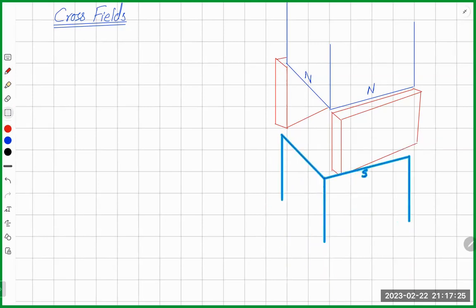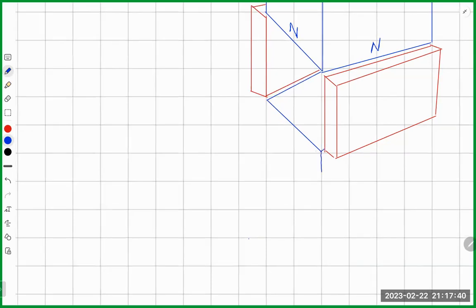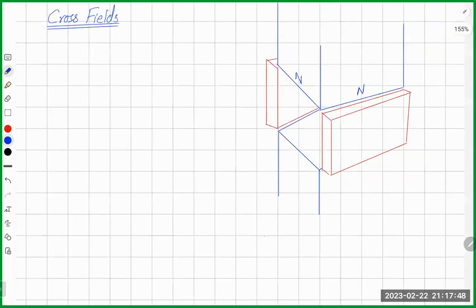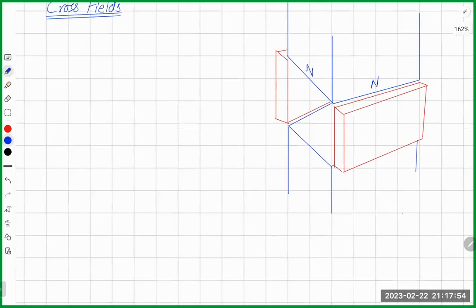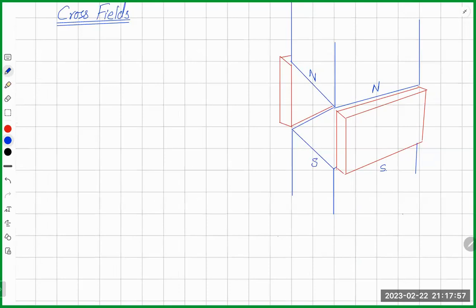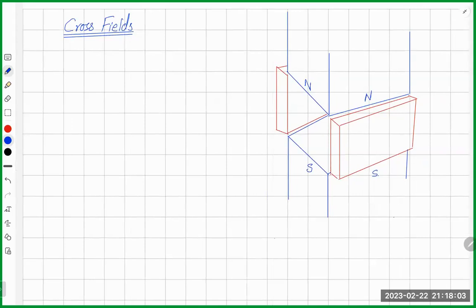Okay, let's follow again. I hope you can see what I'm trying to make here. This is the same south side of a magnet, but now there are two plates between the north and the south magnet.